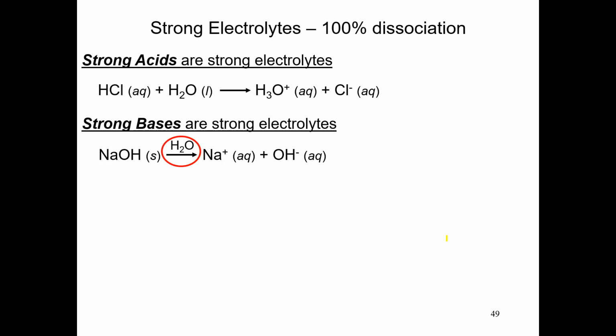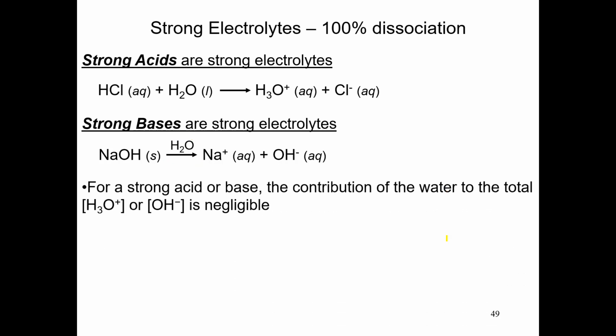Now, water has its autoionization, but remember, we're talking about something on the order of 10 to the negative 7 contribution to the hydrogen and hydroxide ions in the solution. So for a strong acid or base, the contribution of water to the total amount of hydrogen and hydroxide ions is negligible.